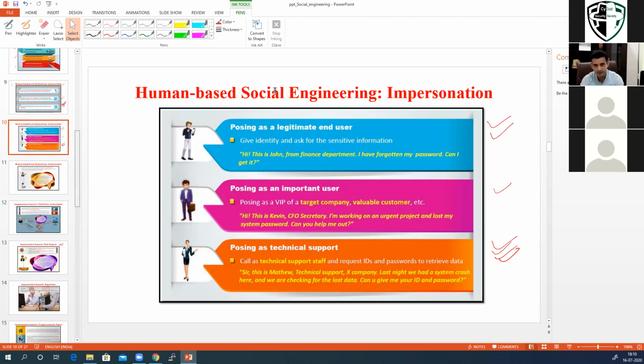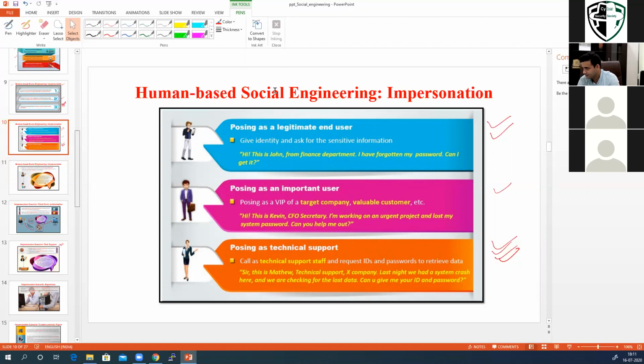We'll take some examples and show you a live demo of how impersonation happens and how people can steal information if you log in with those credentials, and how they reveal your credentials. We'll see that next time. So I ask people to have a few questions, and I request the host. I think I'm ending this.